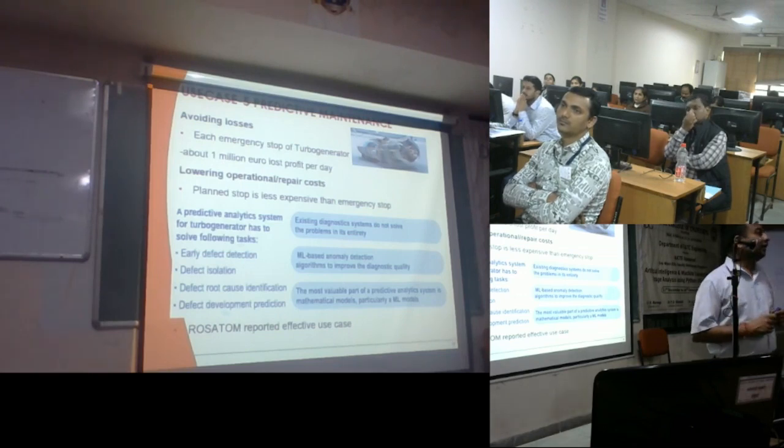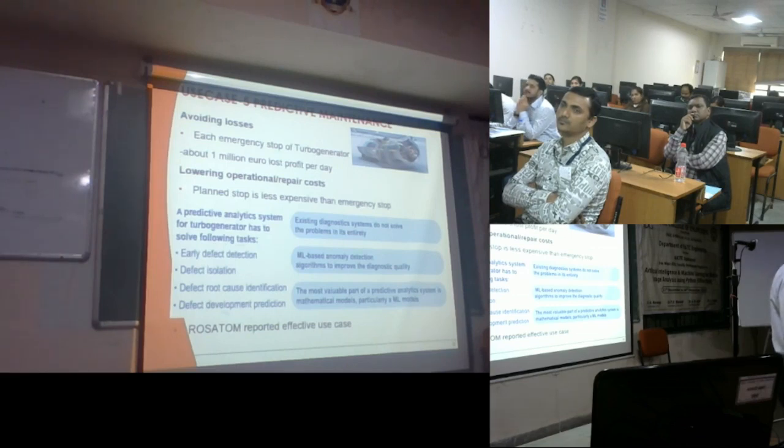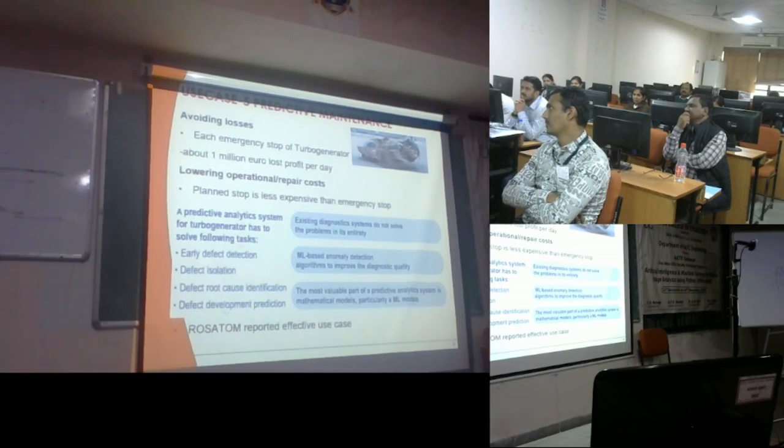And in case there is some problem in the turbine, we have to shut down the nuclear reactor. This is known as an emergency shutdown. There are two kinds of shutdown in a nuclear reactor: one is the plant shutdown, and one is the emergency shutdown.